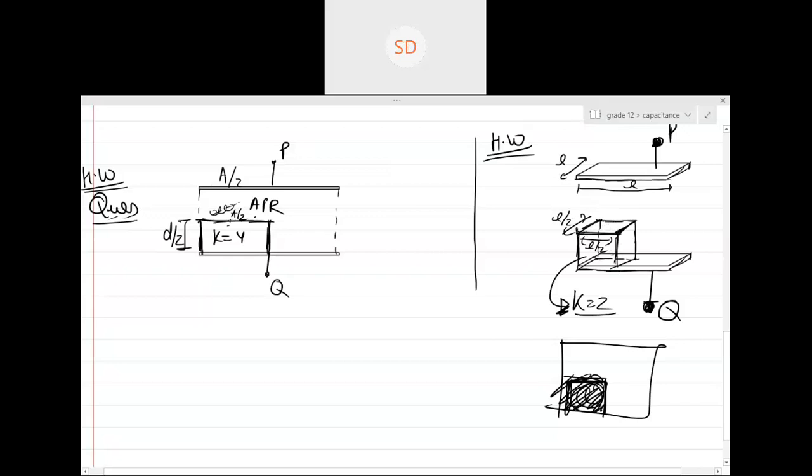I have just placed the cube of dimensions L by 2, L by 2 and L by 2. The distance between the plates is also L. Can you imagine the whole question in front of you? Can you imagine 2 square plates of L square area each?